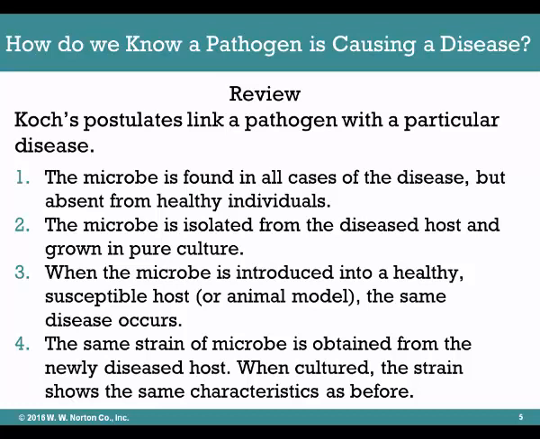And remember, the microbe has to be found, isolated, grown away from other microbes, and then introduced into a healthy animal model or susceptible host, and then the same signs and symptoms of that disease must occur in order to show this correlation. And finally, from that experimental host, we need to be able to isolate the same microbe.